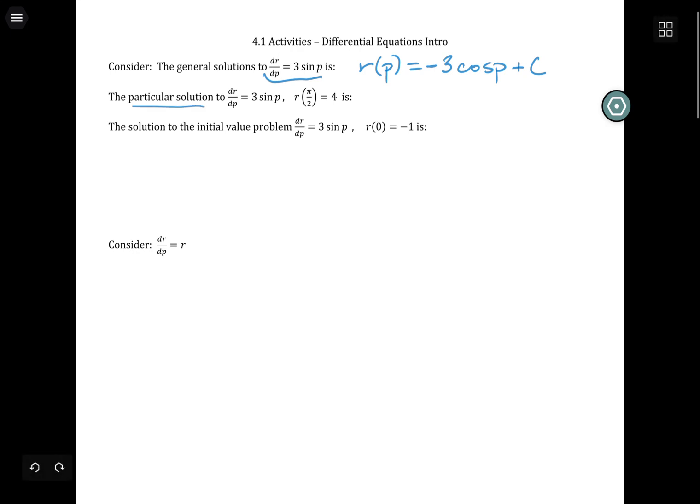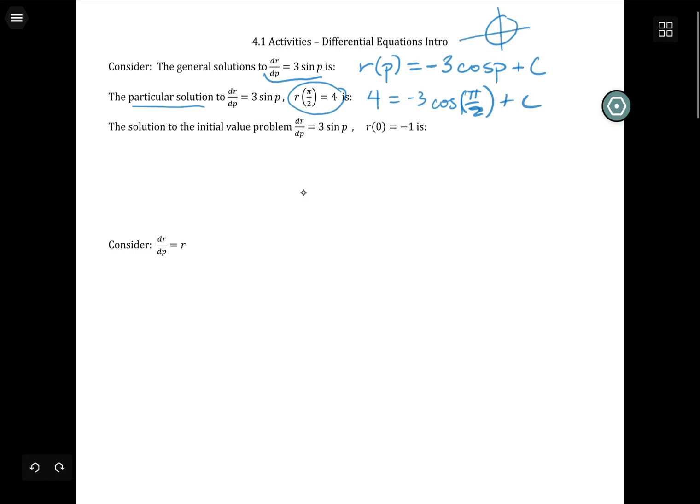If we want just one solution, one function, instead of the whole family, that's when we talk about the particular solution. The only difference here would be you have to be given information that helps you figure out which of those curves you're looking for. This says if we plug in pi over 2, we should get 4.